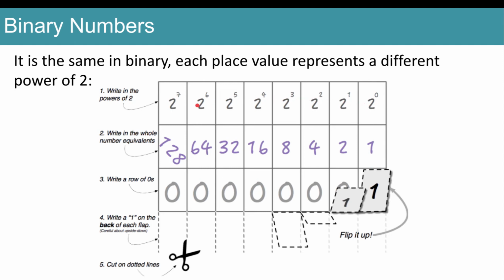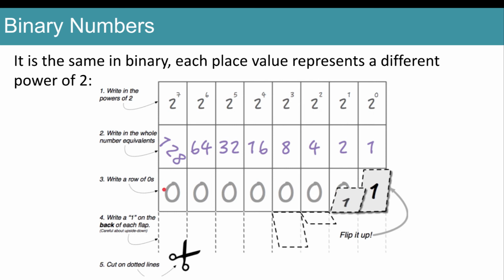And then unfold it and write the different powers of 2. On the right hand side this would be 2 to the 0 or the 1's place, 2 to the 1 or the 2's place, 2 squared or the 4's place, and then just continue that out all the way to the 128 place.